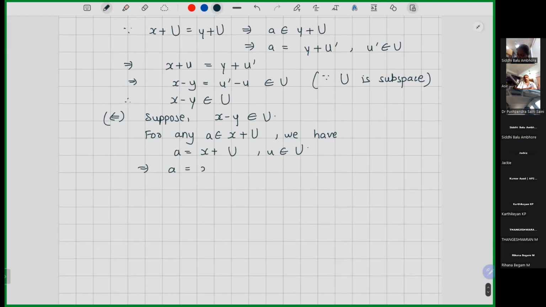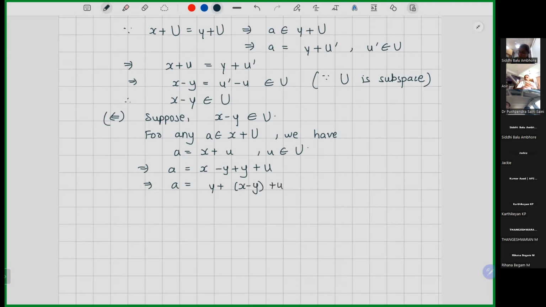And I can just add and subtract y there, x minus y plus u, right? And this is what a is equal to y plus x minus y plus u.